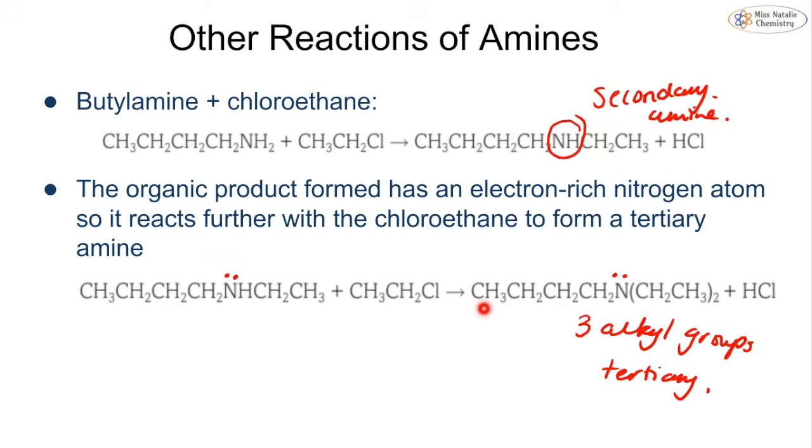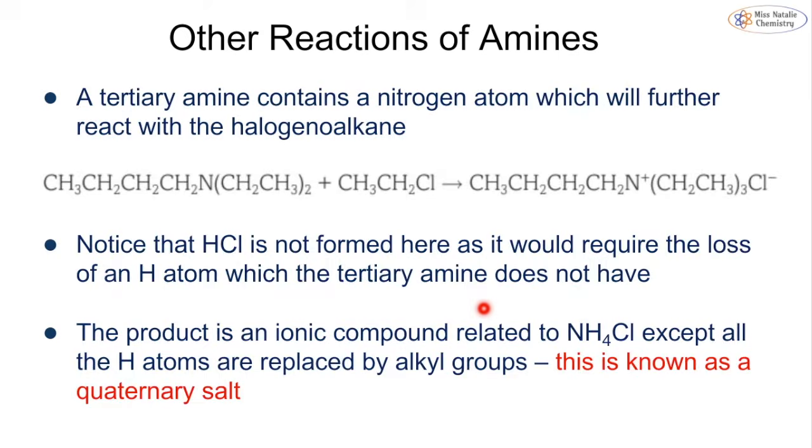Now again, this tertiary amine also contains this electron-rich nitrogen, so it can react again with the halogenoalkane. Notice though that this time there is no hydrogen for us to be removing, so we do not make HCl as a product.